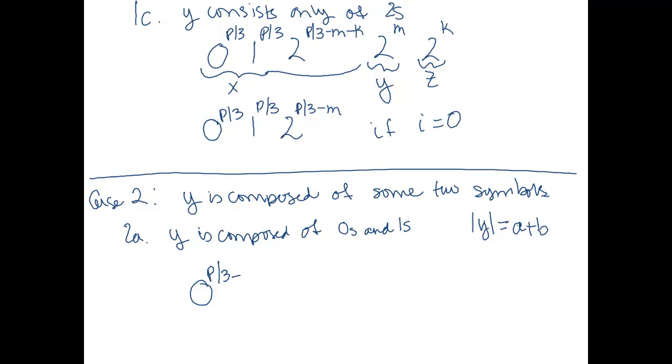Okay, so x is going to contain the p divided by 3 minus a zeros, minus the ones that are in y. y is going to contain a zeros.